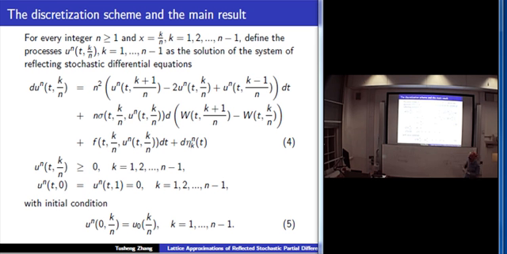This is just notation, maybe a little confusing. This is not a value, this is just notation. You could call this K if you want. So the point is this is a solution, for each n, of this reflected system of n minus 1 dimensional SPDEs.